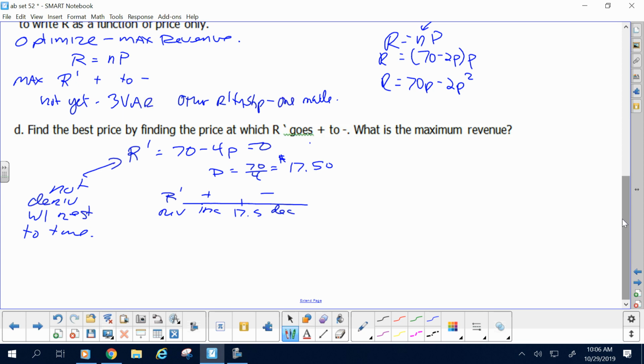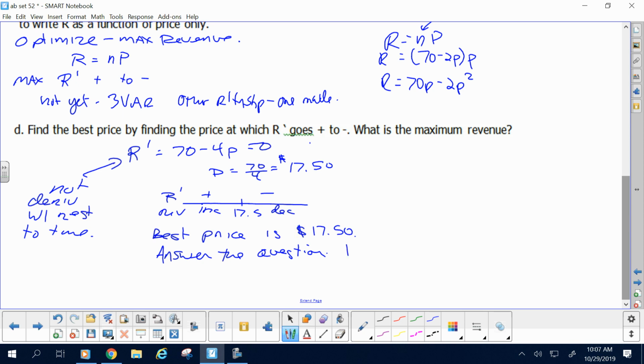Okay, so that implies then that the best price is $17.50. Now let's make sure we answer the question. Does the question say, what is the best price? Circle it and call it good. But it says, what is the maximum revenue?